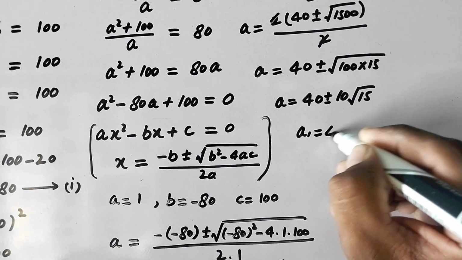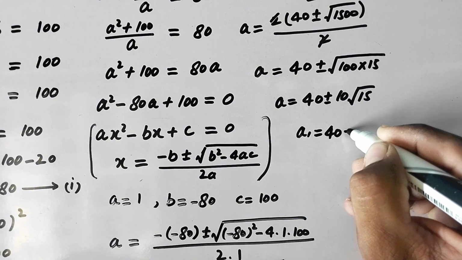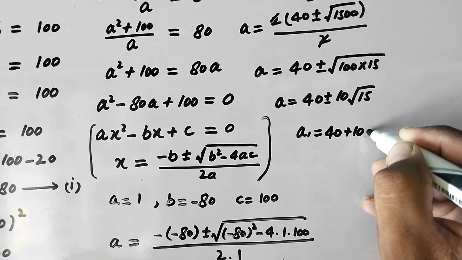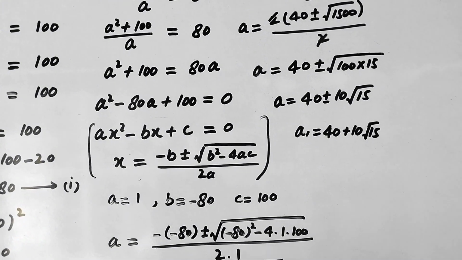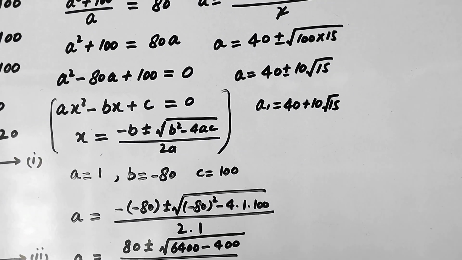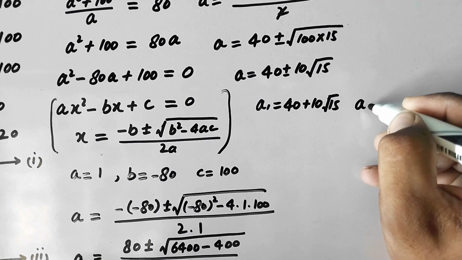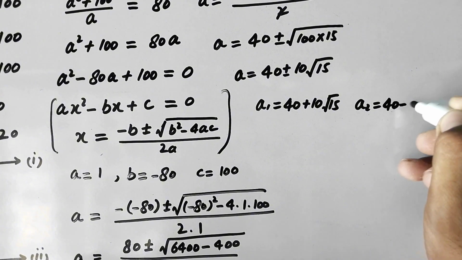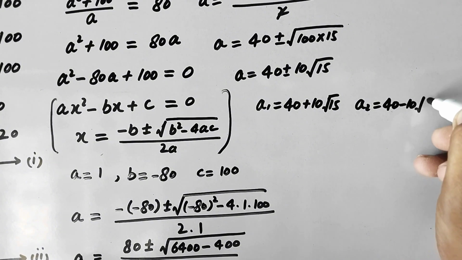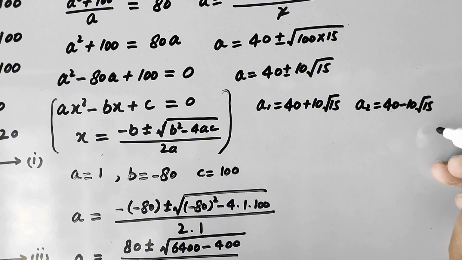A1 is equal to 40 plus 10 times square root of 15, and A2 is equal to 40 minus 10 times square root of 15.